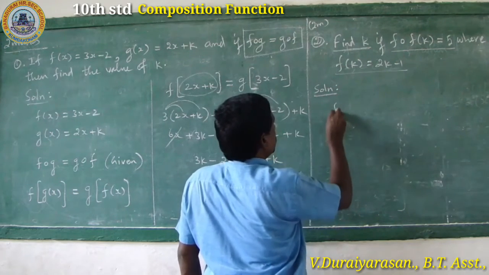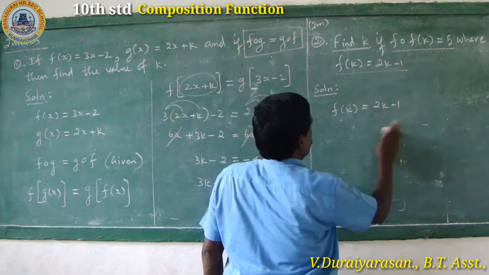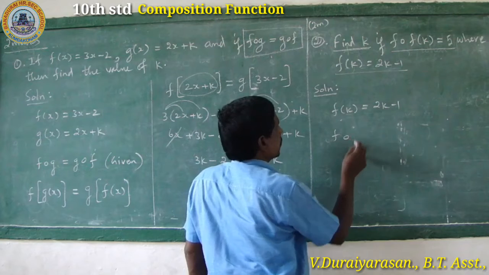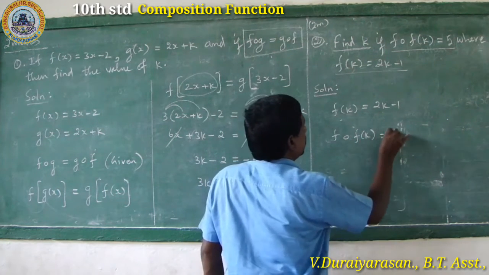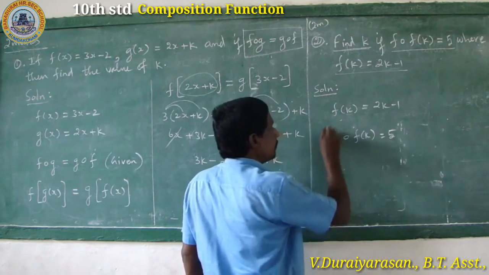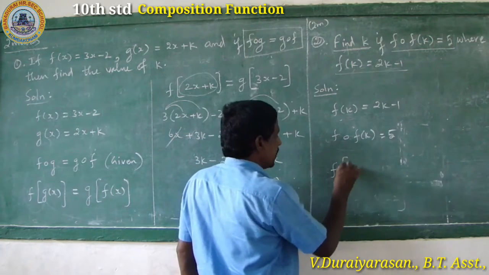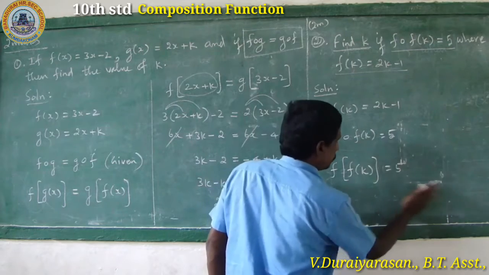What is the other function? The composition function, f composite f of k is equal to 5. What is the other form of the composition function? Rewrite as f of f of k is equal to 5.